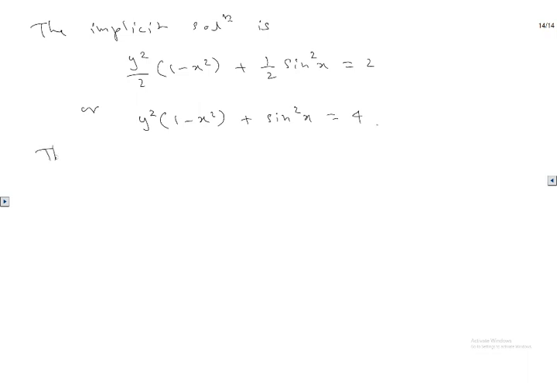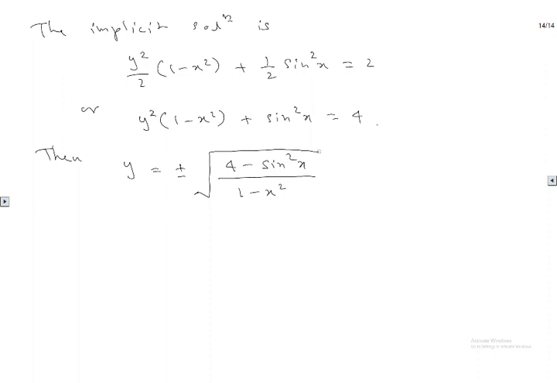So the explicit solution: you can bring that to the other side, divide, and take the square root, then y equals, there are 2 solutions, plus or minus, the square root of (4 minus sine squared x) over (1 minus x squared). So that's the solution. There are 2 solutions depending on what part we need.